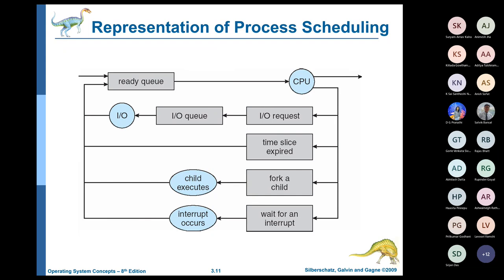So the operating system does not waste time by keeping these processes, which are waiting for IO, occupying the CPU. It evicts that process automatically when an IO request happens, and sends it to the corresponding IO queue.